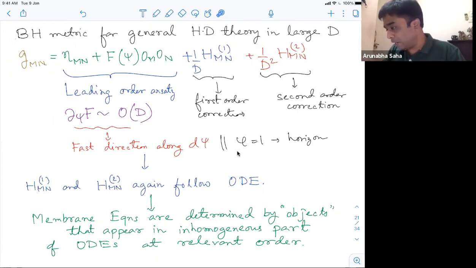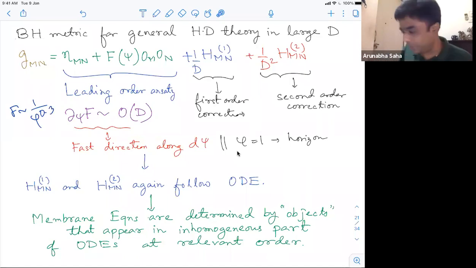That can be written in a Schwarzschild form to arrive at a leading order answer metric like this. The constraint on this function f of psi, which sits here, is that the derivative of this function with respect to psi should be order one. This was true for Einstein gravity, where f was 1 over psi to the power d minus 3.